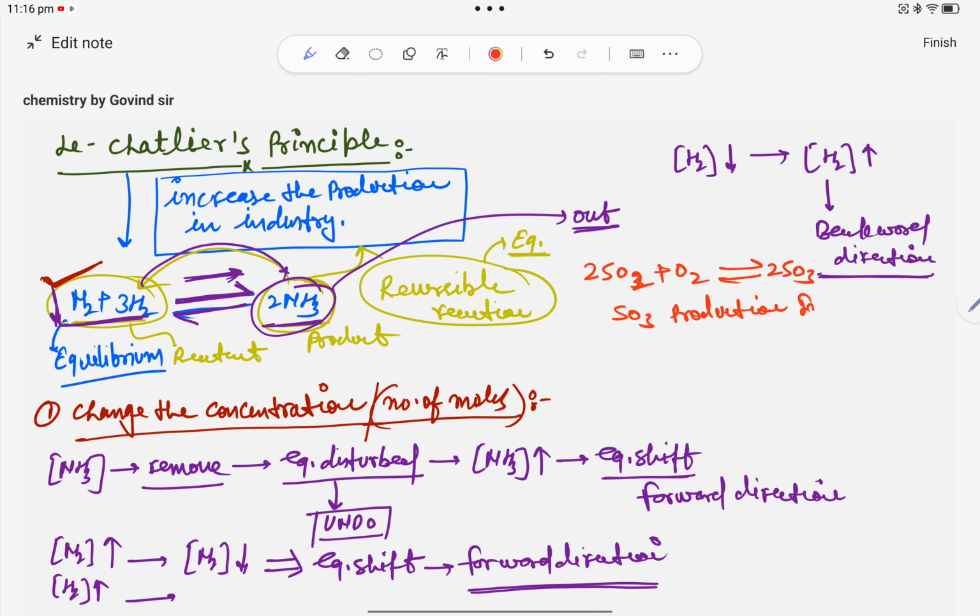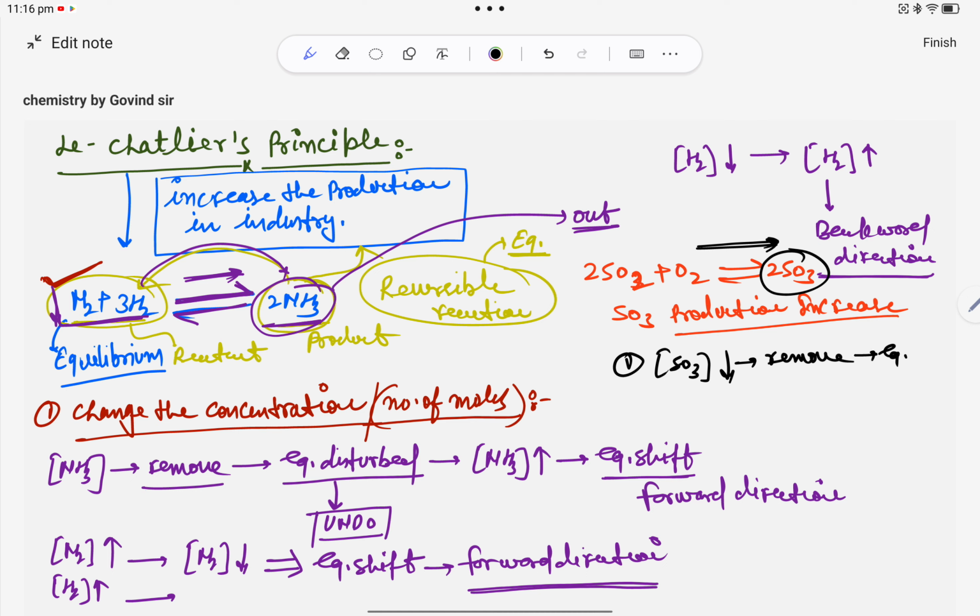Production of SO3 increases, children, when the equilibrium shifts in the forward direction. In which condition does the equilibrium shift in the forward direction? First condition: if you remove SO3, take out SO3 from here, then the equilibrium shifts in which direction? Forward.